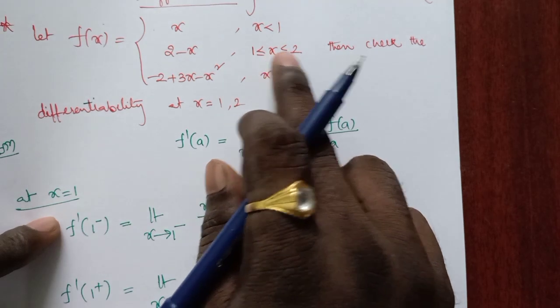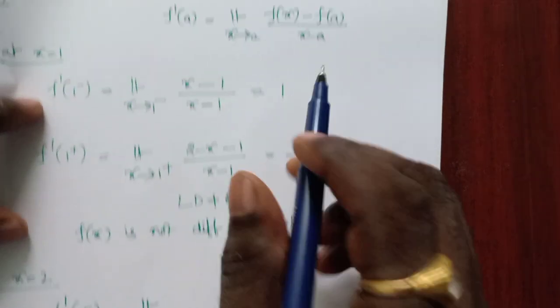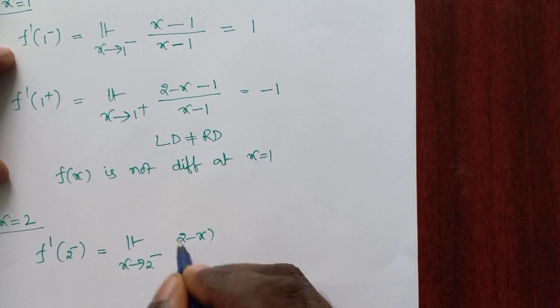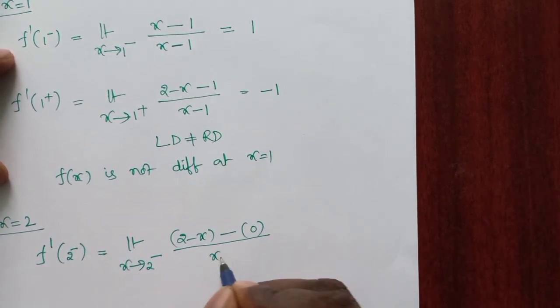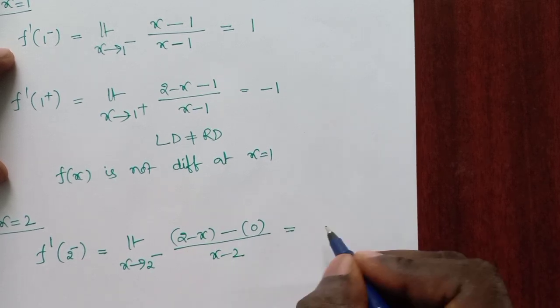Now if you substitute x equal to 2 here, it is 2 minus 2, 0. Okay, now from the given formula, what is f of x? It is 2 minus x minus f of 2, which is 0, divided by x minus 2.